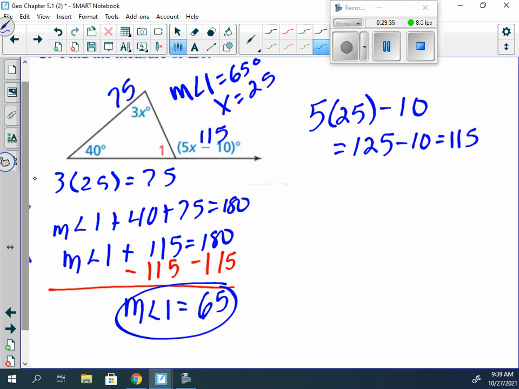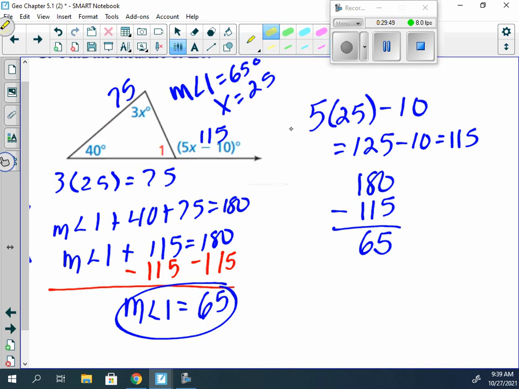So we know angle 1 and 115 add together to be 180, so the measure of angle 1 is 65 degrees. Essentially we'll end up doing the same type of calculations. It just may look like or may show up in a different form. Any questions on this?